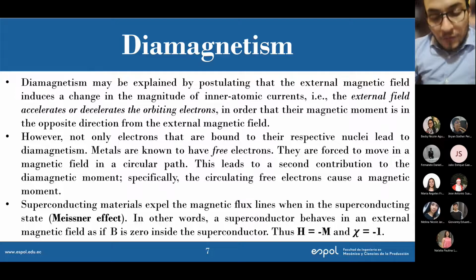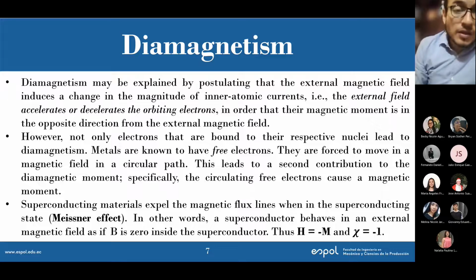Right? So basically, for diamagnetism, we have two contributions. One is just the external field by itself accelerating or decelerating the orbiting electrons, the bound electrons the material has, plus, especially in those materials like metals that have free electrons, the second contribution will come from those free electrons that, because of that external magnetic field, are induced to move in a circular path. And that obviously generates a magnetic moment, right? And that's what results in diamagnetism.